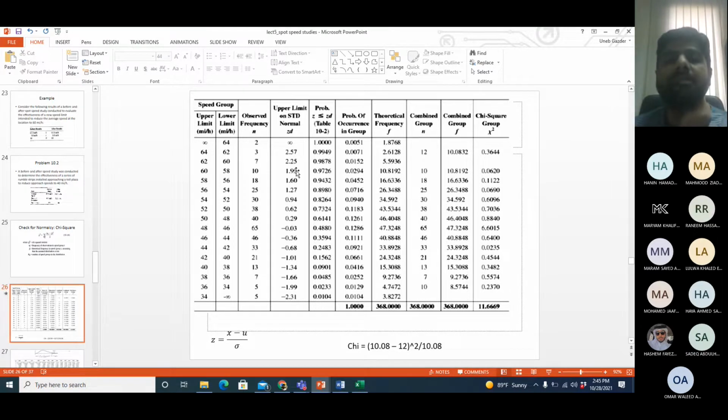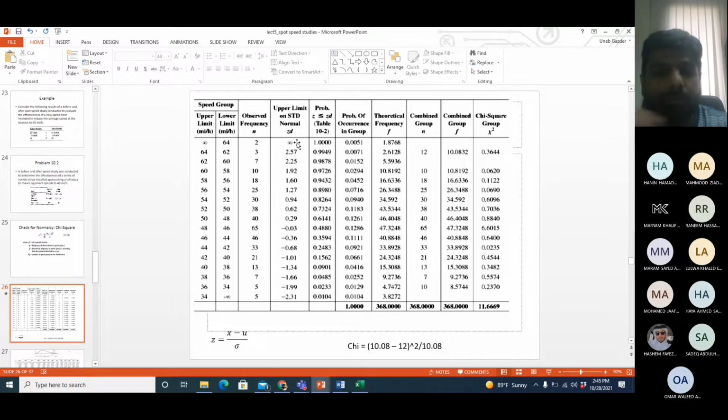Now, since you have the z value, for each z value, go to the z table and find its cumulative probability. The first value is infinity. Obviously, the table does not have a value of infinity. And I already told you today, if the z value is more than the values in the table, then you take the probability to be 1.